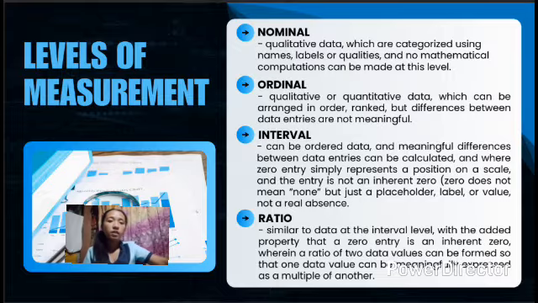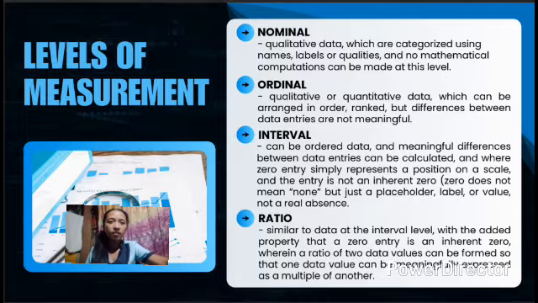In this level, data can be ranked, and intervals between values are not equal or known. For example, the class rank, first, second, and third, or the satisfaction level, which is satisfied, neutral, or dissatisfied.